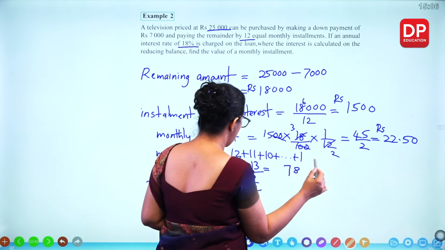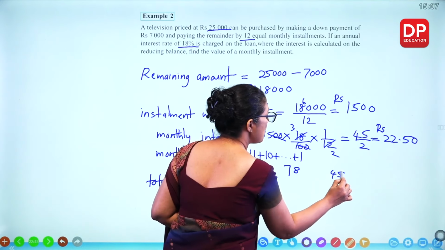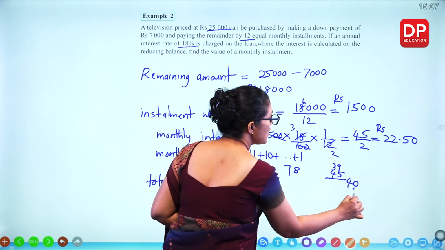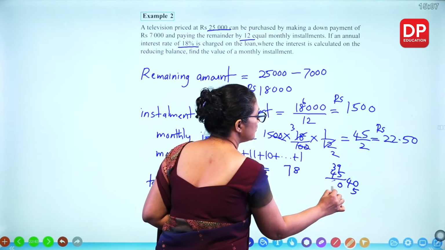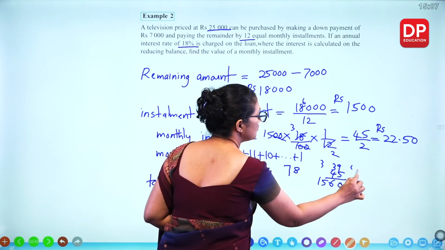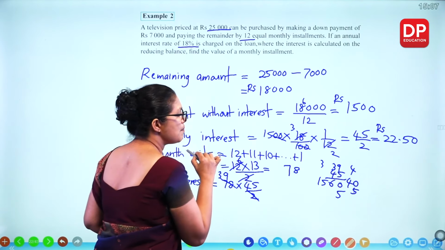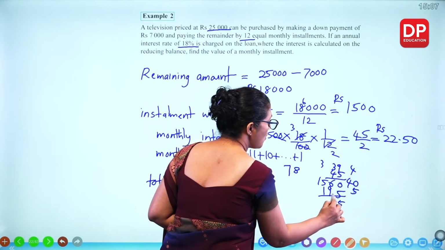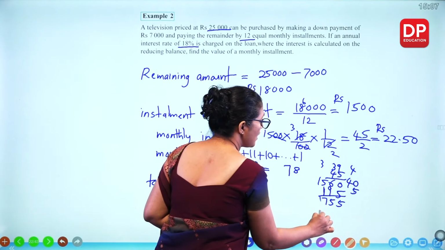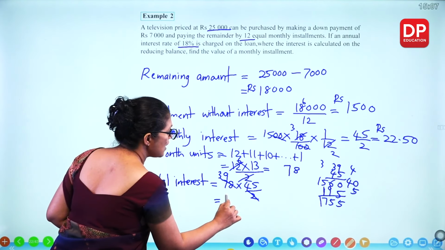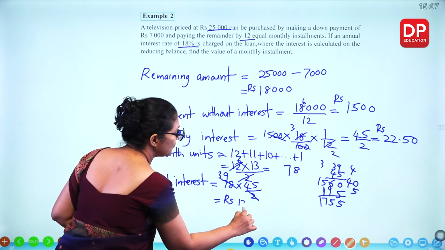So 45 multiplied by 39. So 40 and 5. 5 times 3, 15 plus 4, 19. So when you add, you get 1,755 rupees.